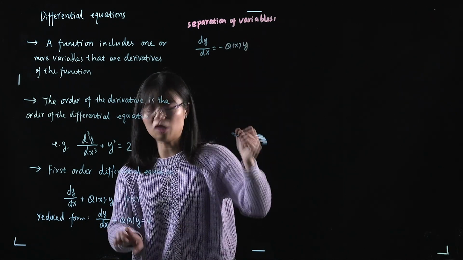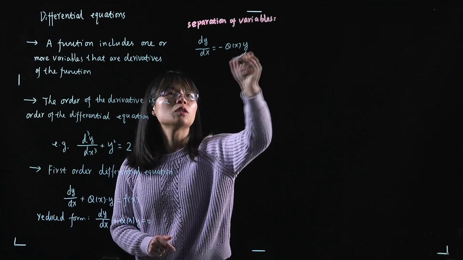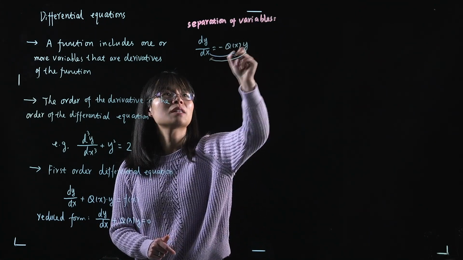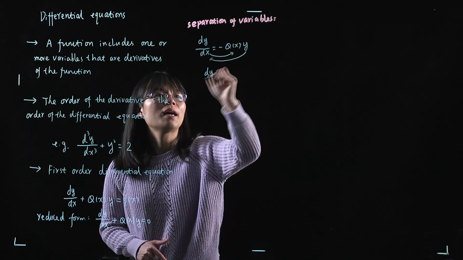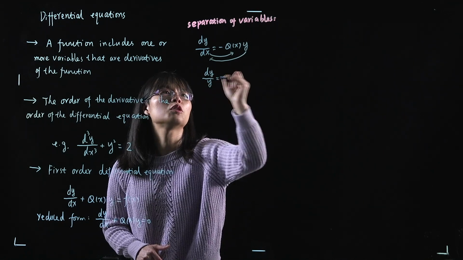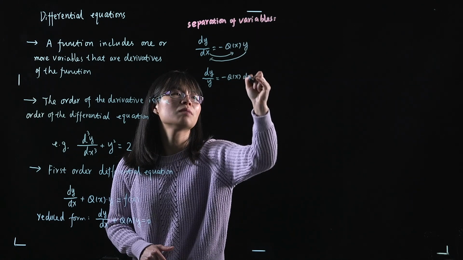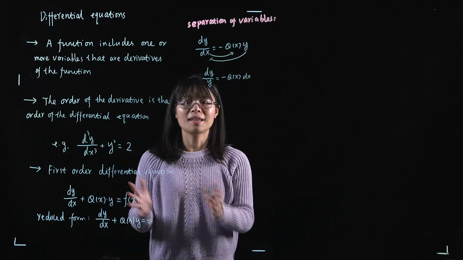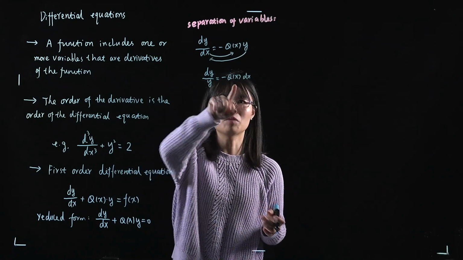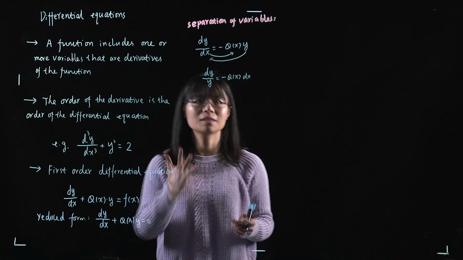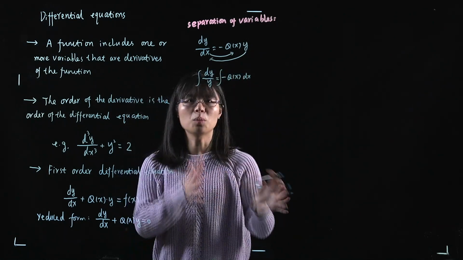Now I want to move y to the left-hand side and x to the right-hand side, which will give me dy over y equals minus q of x dx. Now everything on the left-hand side is related to y, and everything on the right-hand side is related to x. And it's natural to think, okay, I can do the integration on both sides.